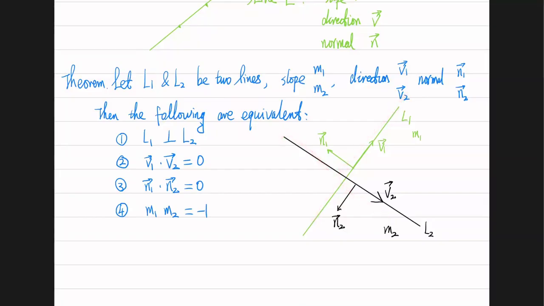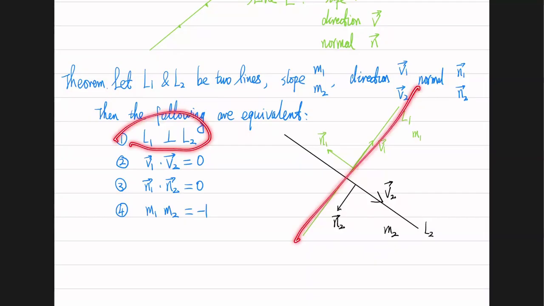Each line will have a slope. We have the directions. We have the normal vectors. We see the two lines are perpendicular. We can adjust this a little bit, make it look better. Can I just have some time to copy that down? We will spend some time on this one.